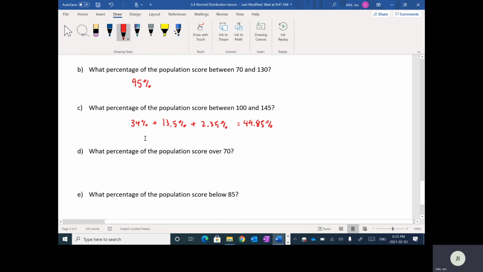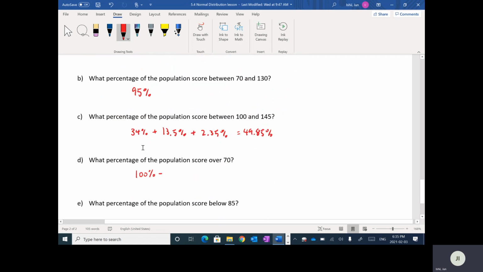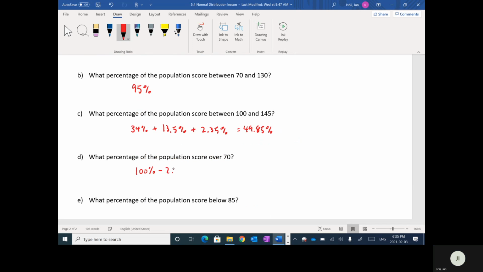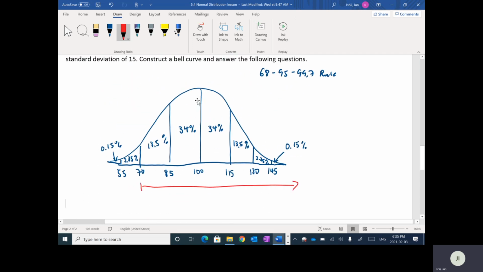So basically, what I'm going to do here is take the 100% underneath the curve and subtract this section here. So 100% minus those two sections here, 2.35% and the 0.15%. I just subtracted those two sections, because this whole curve is 100%. So if I subtract these two, I should have what's left over, which is what I'm looking for. So above 70, take 100% and subtract these two.